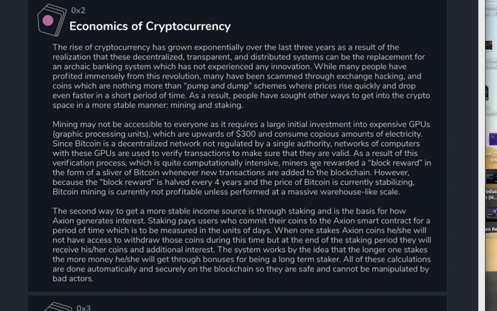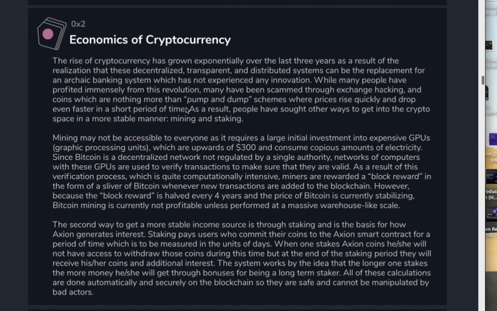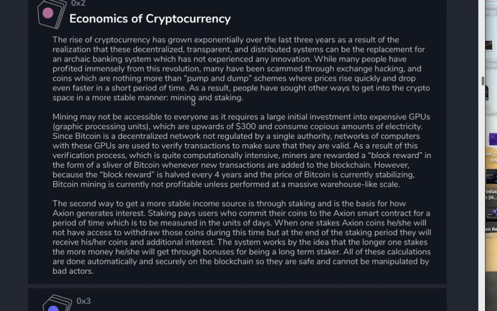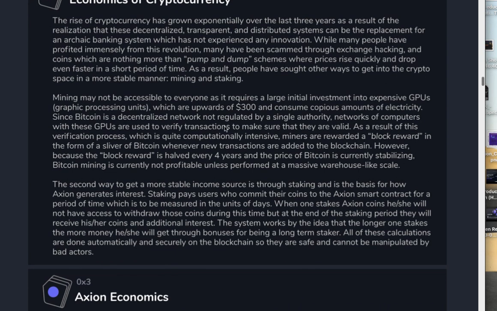As a result, people have sought other ways to get into the crypto space in a more stable manner: mining and staking. And I think this is just maturing right now. If you've been around the last couple of years, you would have seen lots of pump and dump schemes and no real value around the systems. Whereas now we're getting far better products like Axion.